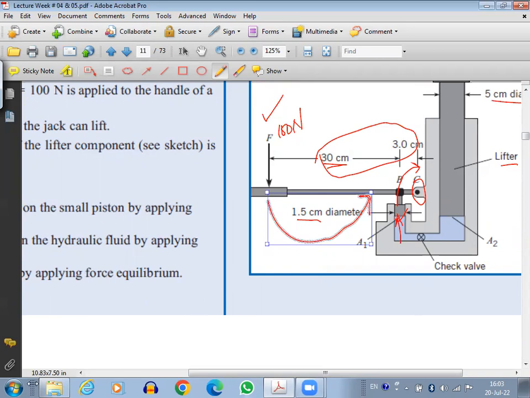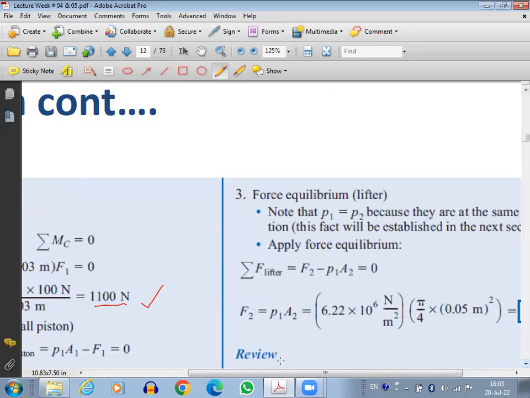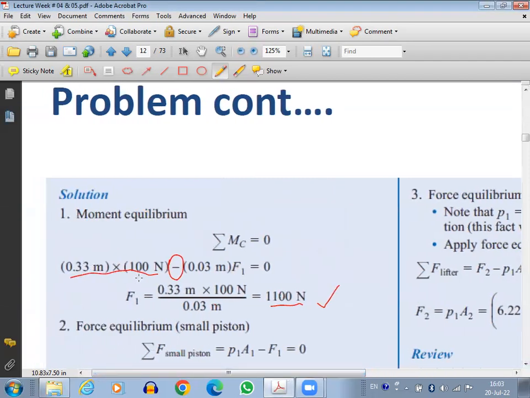But with this I can determine how much force is applied by the piston. By applying 100 Newton of force, 1100 Newton of force is applied by the piston.